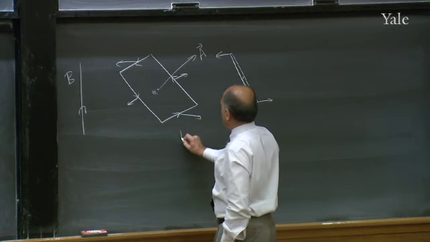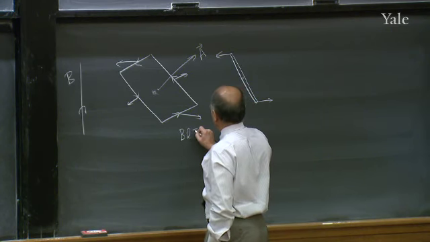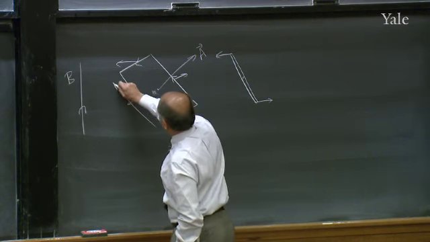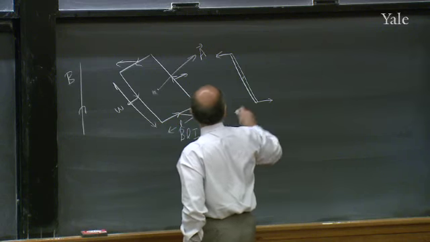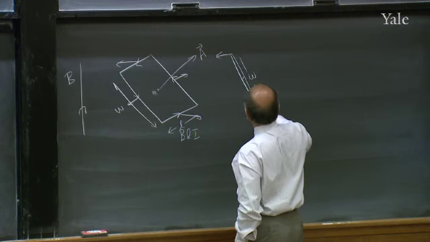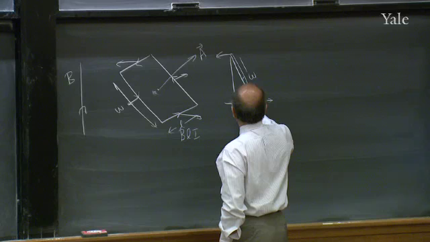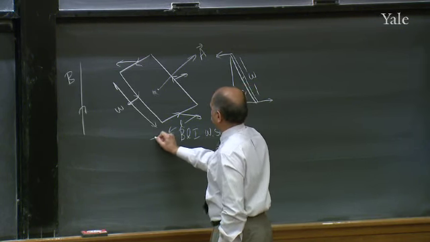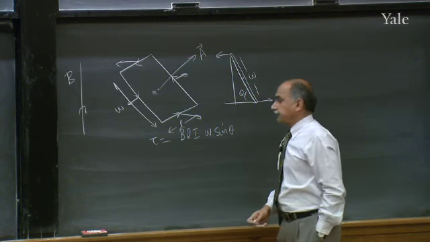The force on this segment is B times L times I, where L is this. Let the other dimension be W, which stands for width. So this is W here. Then the torque will be that times W sine theta. That is the torque.